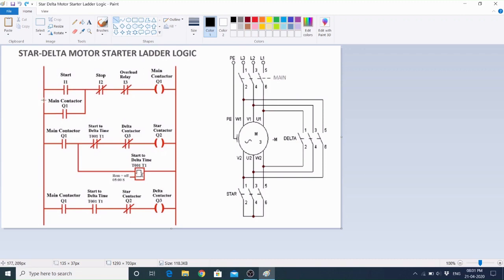So when we press this start push button, it will be like this. It will be NC type in that condition, that means this will be closed.